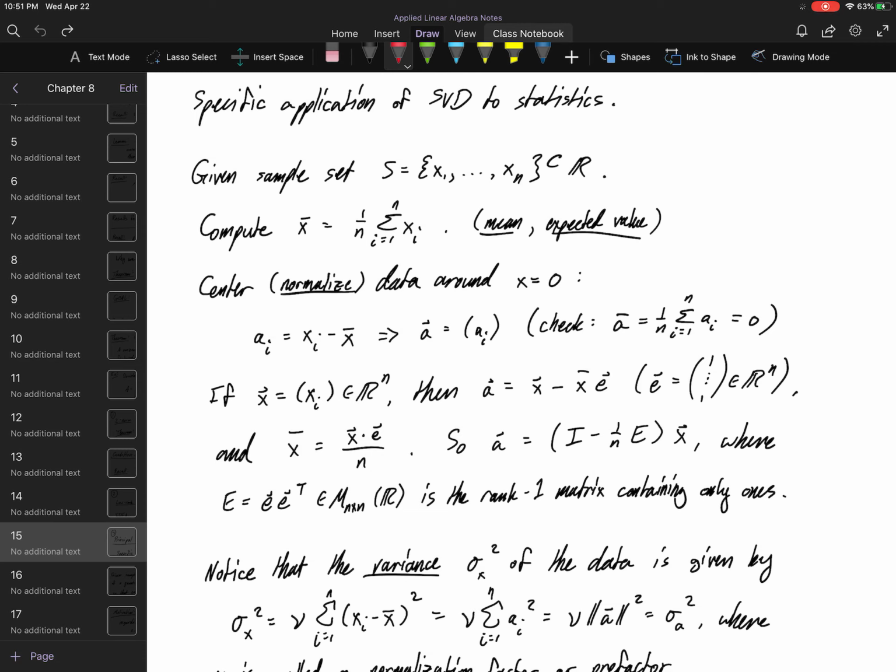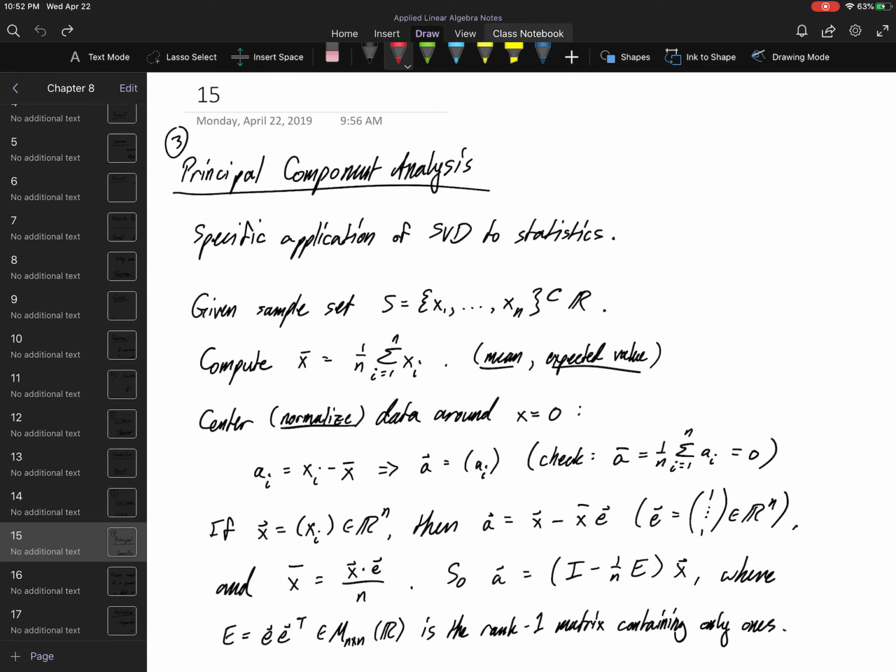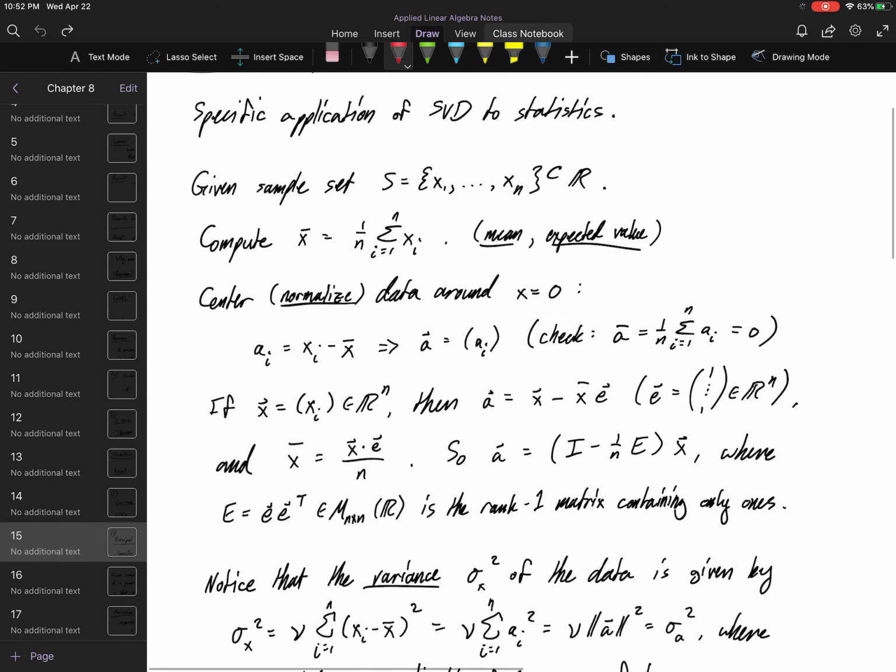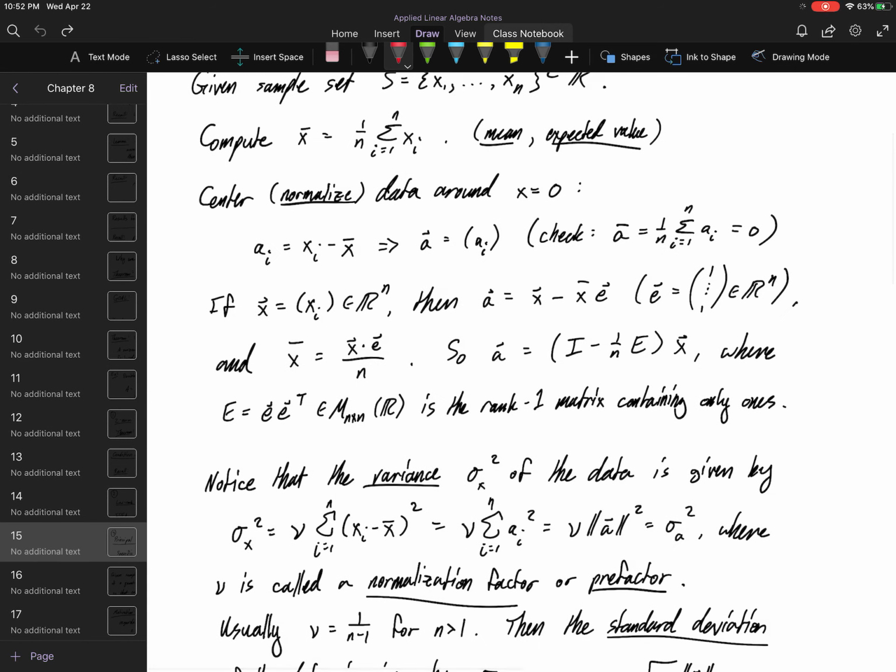So the idea of normalization is to shift all of your data over to a location relative to the mean of that set. So we create a vector A composed of a whole bunch of differences, measuring how far away and in which direction each data point is from the mean of the data set. No problem there.